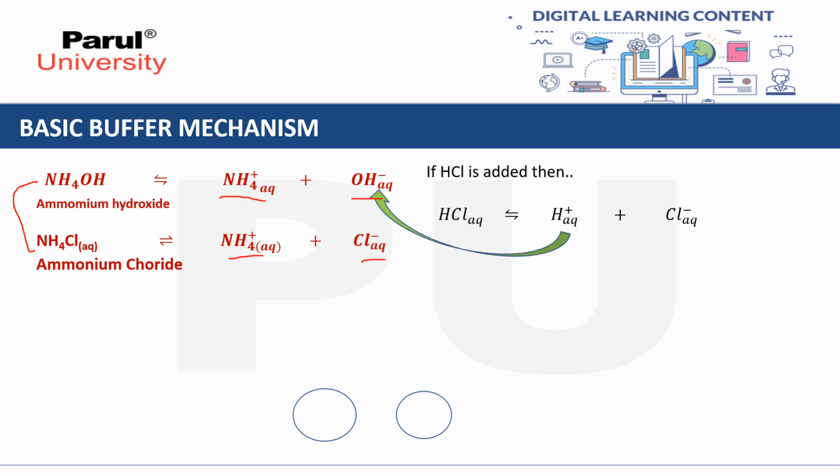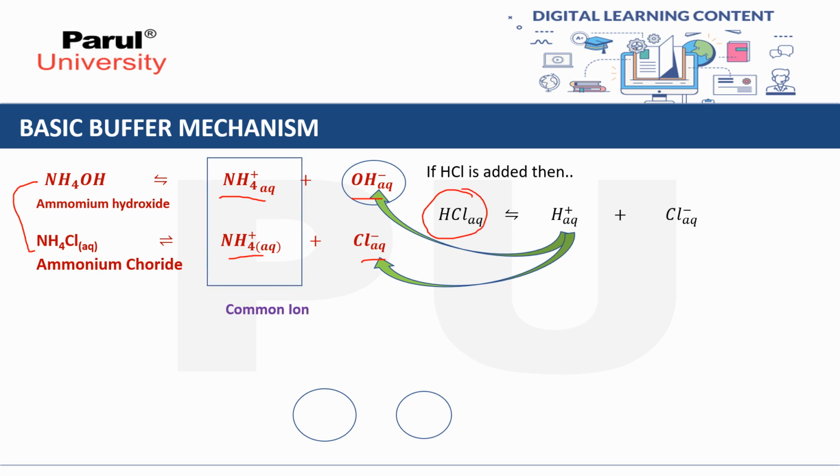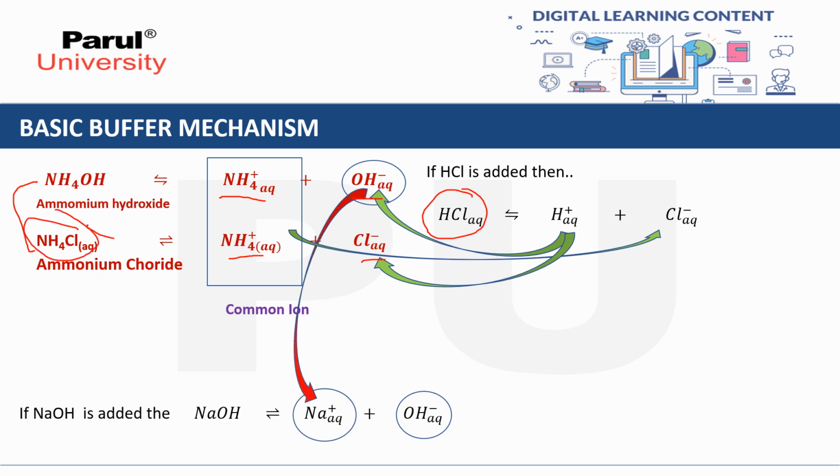Again, the HCl gets ionized into H plus ion and Cl minus ion. So the H plus ion formed from HCl will combine with OH minus ion and form water. Or it will combine with Cl minus ion and ultimately form the hydrochloric acid only, which we have added. So the pH remains the same. On the other hand, the chloride ion will combine with NH4 plus ion, the common ion, and form the salt of that weak base. So again the pH remains the same.